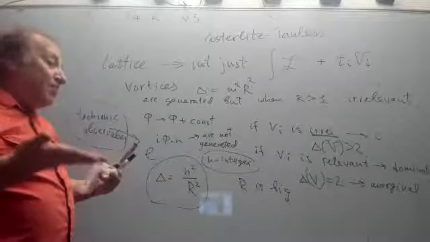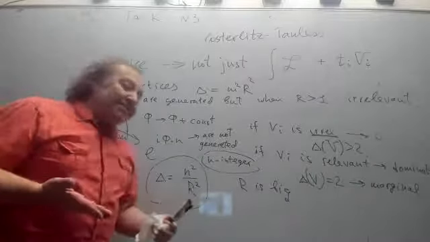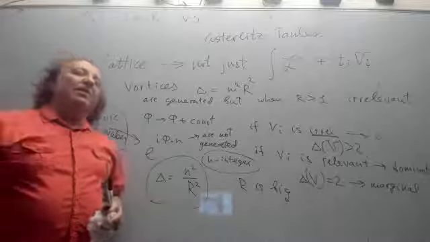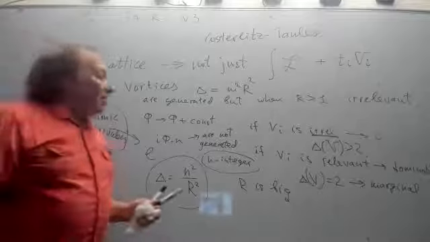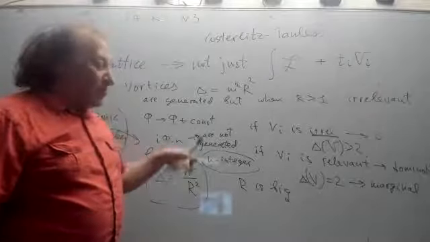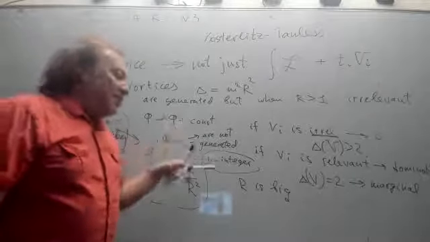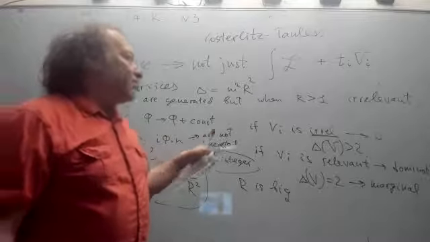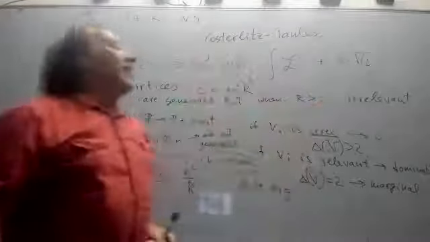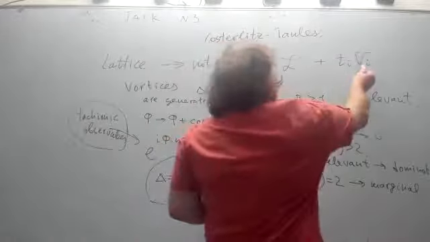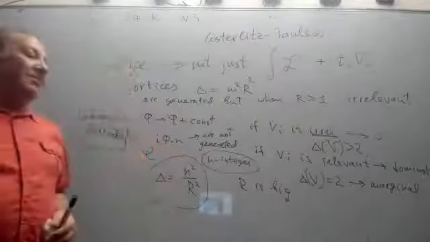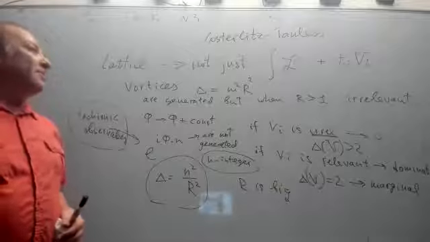So what do you mean generated? It is Polyakov's idea that the lattice is related to the Lagrangian theory in the following way. Polyakov's breakthrough: what comes out of the lattice can be explained in terms of a continuous theory by the infrared flow, by adding everything in the ultraviolet that is not prohibited by symmetry.